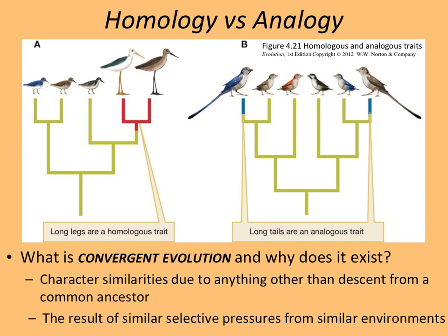So what happens here is that in any lineage for which flight might be useful, let's say you get mutations, and you end up with a lineage that can kind of lift off the ground. There might be selection for better and better wings. But the wings of an insect and the wings of a bat are not from descent from a common ancestor. They evolved independently, convergently.